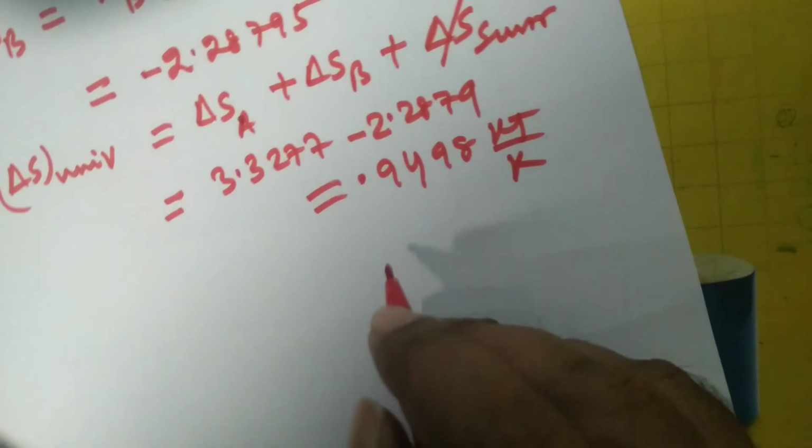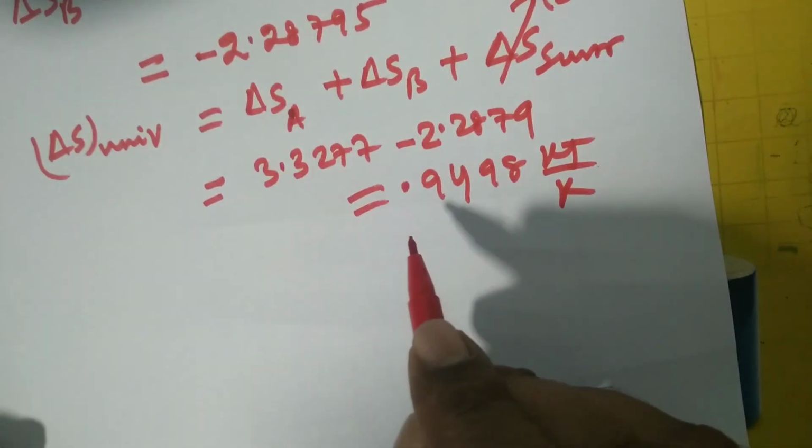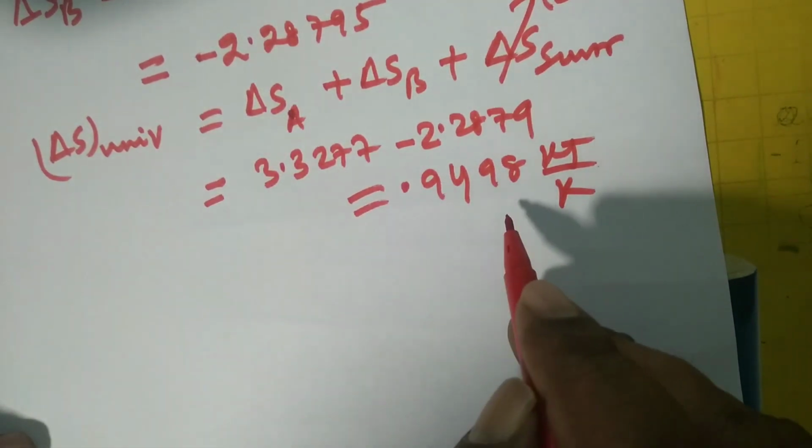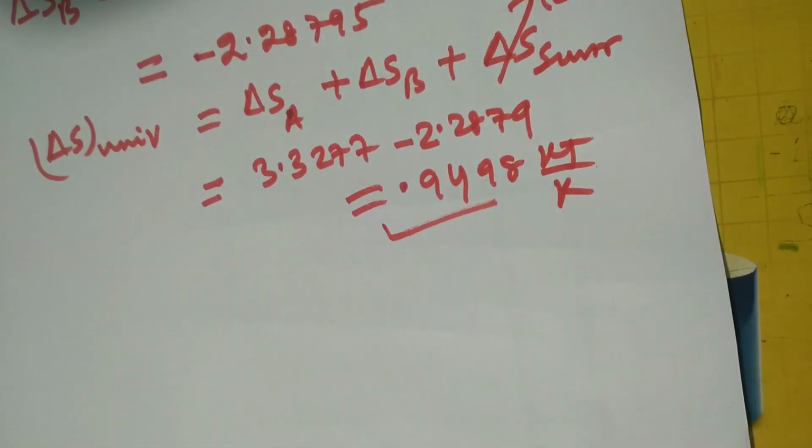So this is a feasible process, and in fact it is an irreversible process. Whenever delta S universe of a process is greater than 0, it is an irreversible process.